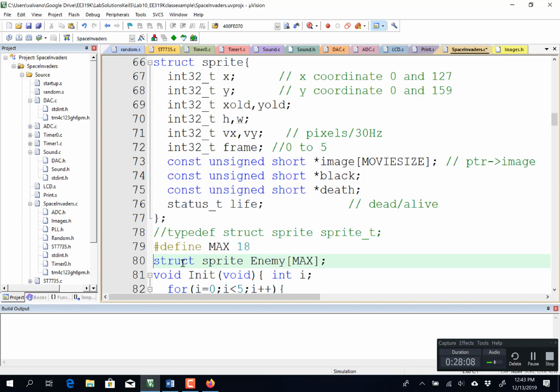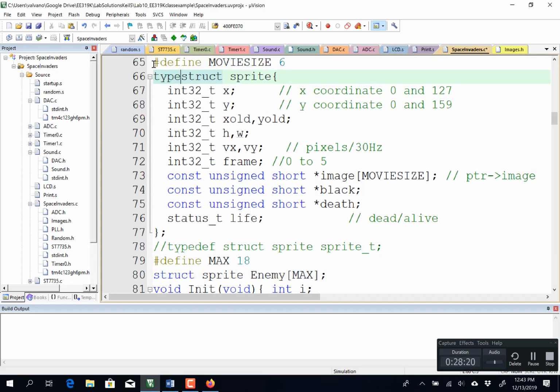I didn't need the typedef, it's just that the typedef makes it easier. The other way is I didn't actually need the struct tag. I could have typedef'd it up here, and I don't need this now. And then down here, I put the sprite type.